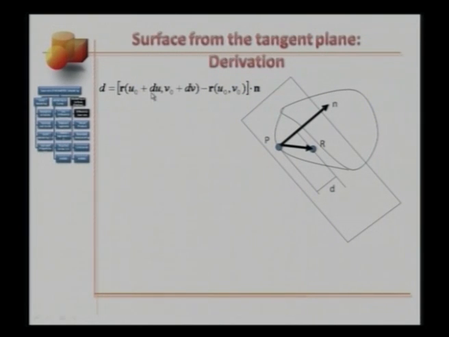Since du and dv are small, we can use Taylor series expansion.